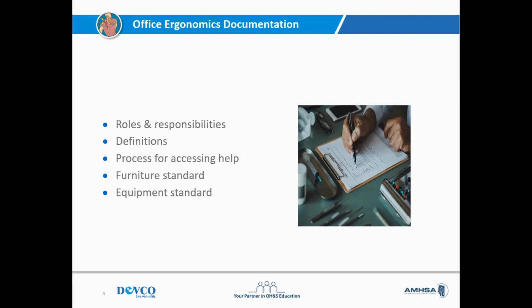And for some of you, if your organizations are smaller and you're not dealing with a whole lot of office ergonomics issues, maybe you don't have an internal resource that provides that help, but it might be having the name of an ergonomist that you can call when you do run into issues. And it could be that simple.